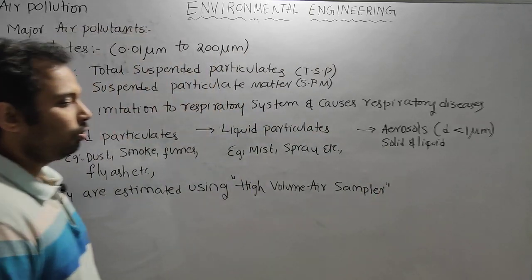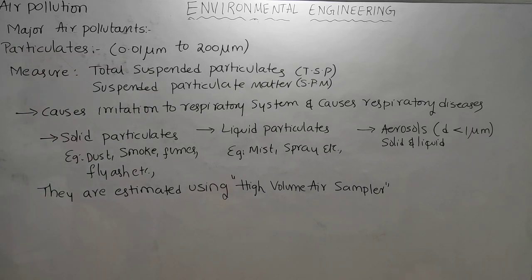The high volume air sampler is used to find the concentration of particulates present in the air. Here we send the air through a filter paper.